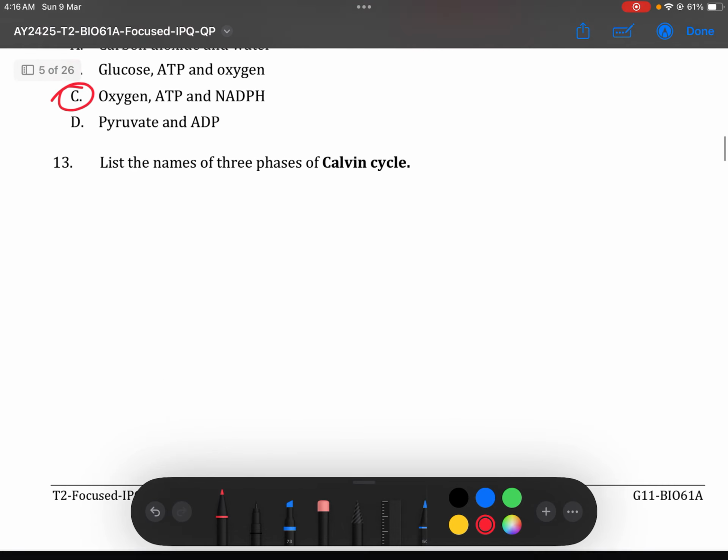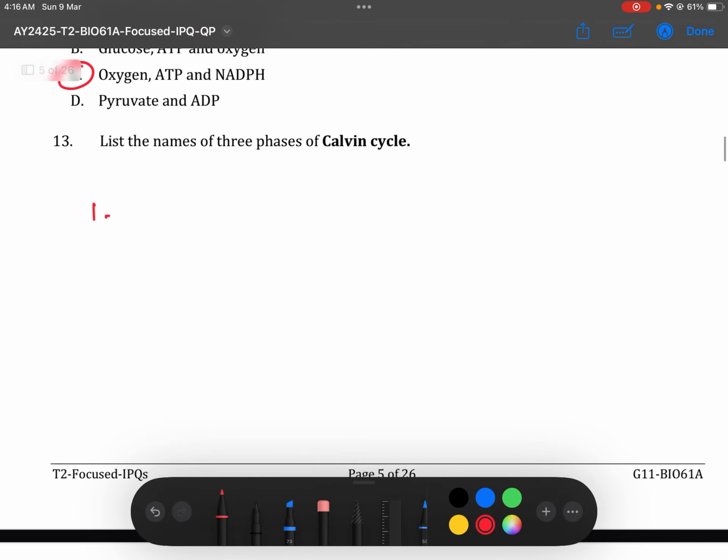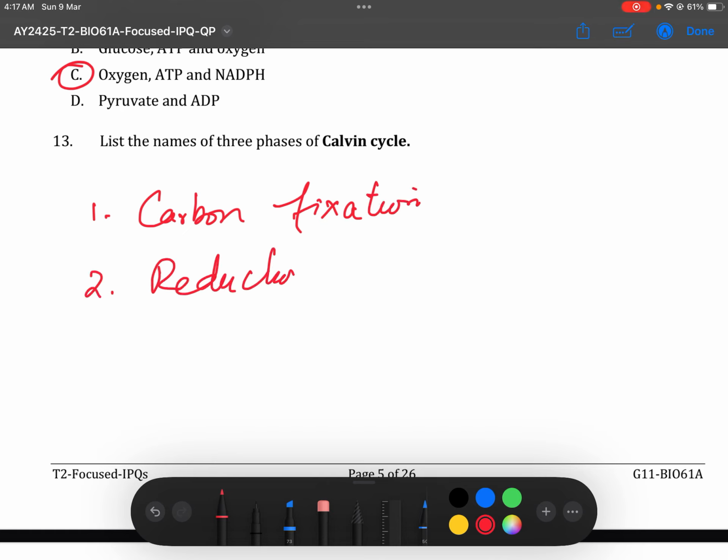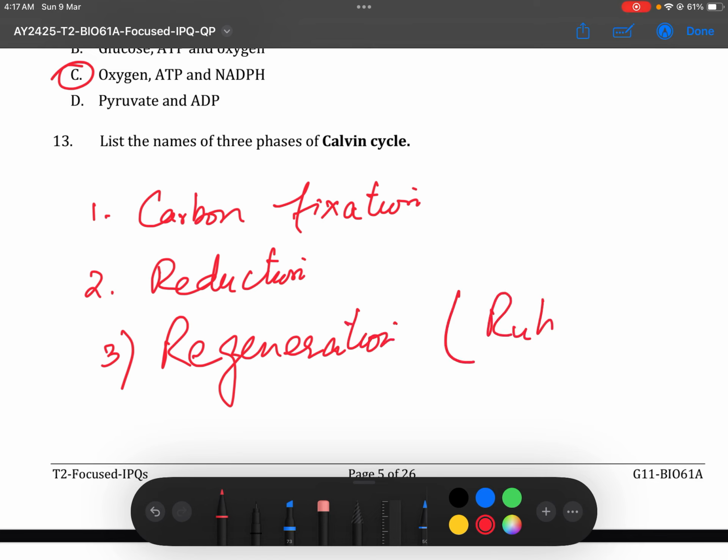List the names of the three phases of the Calvin cycle. I told you one phase, that was carbon fixation. You can say carbon dioxide fixation, carbon fixation, or only fixation, whatever you want. Number 2, it was reduction. And number 3, it is regeneration. Regeneration of Rubisco and RuBP.